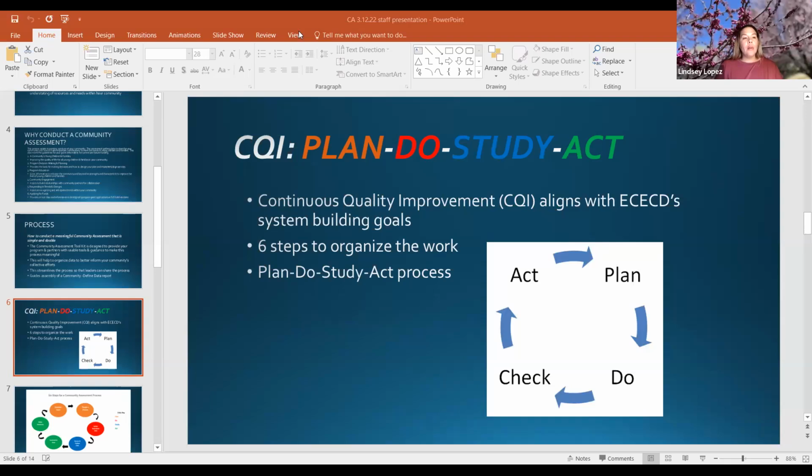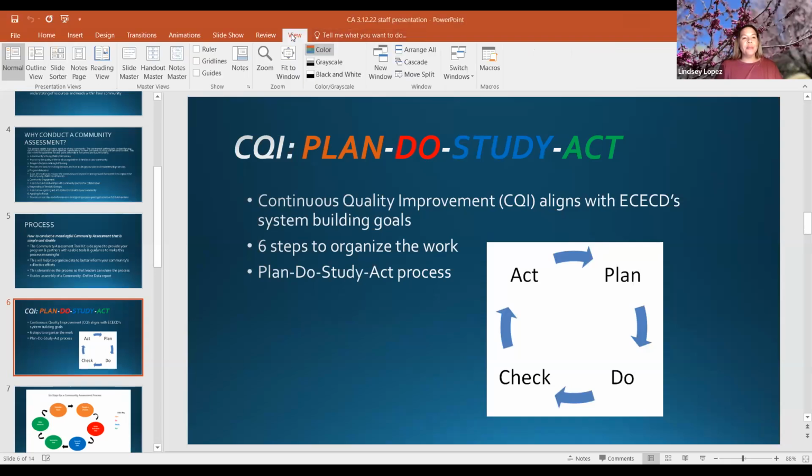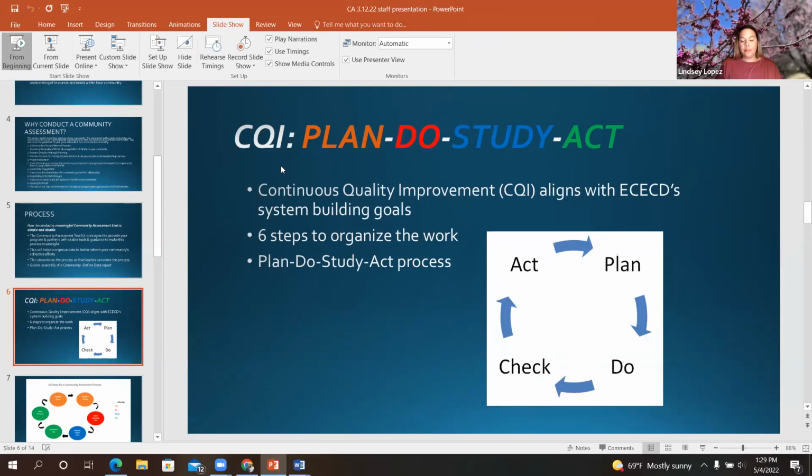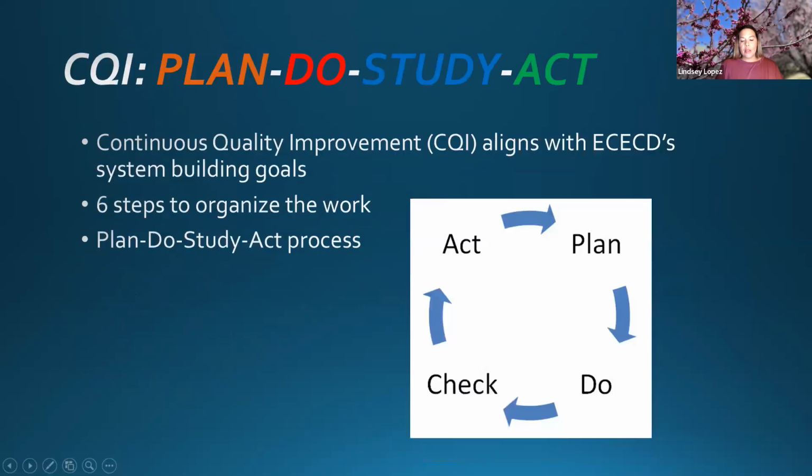So we have, let's see, 6 steps within, and I'm going to refer to our infographic really quickly before we move to those 6 steps. So this is the presentation that you'll get.